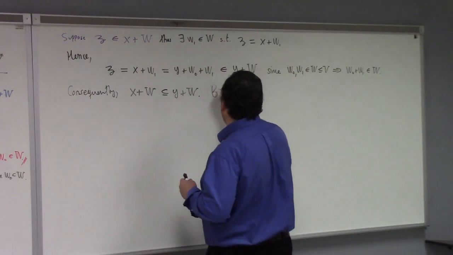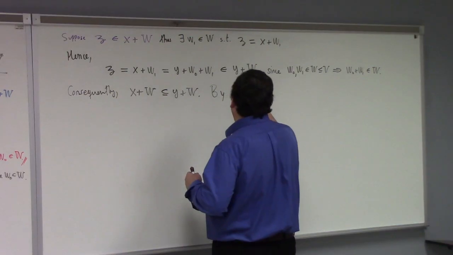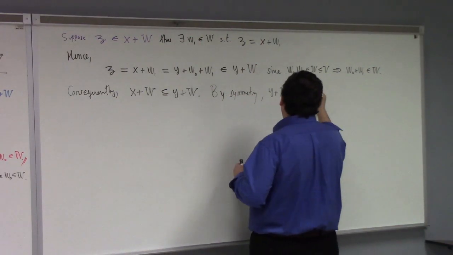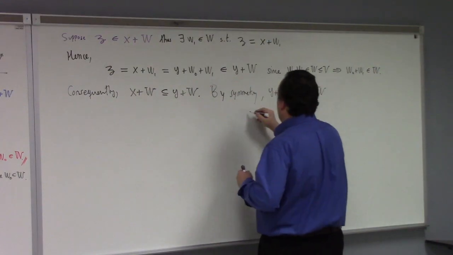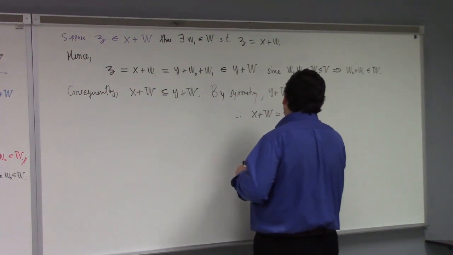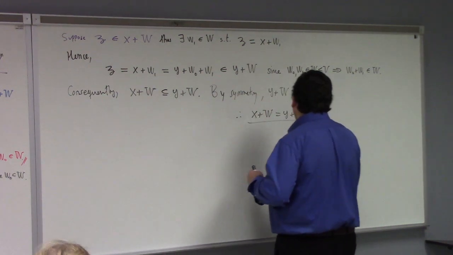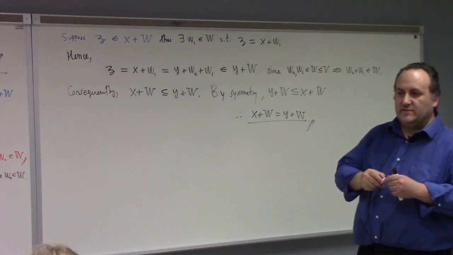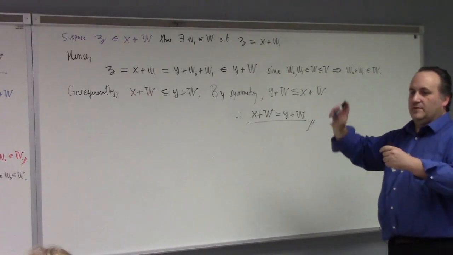And by symmetry, y plus W is a subset of x plus W. Hence, x plus W is equal to y plus W. Do you understand the symmetry I'm claiming here? I'm saying there's no difference between x and y in this statement of the proof.